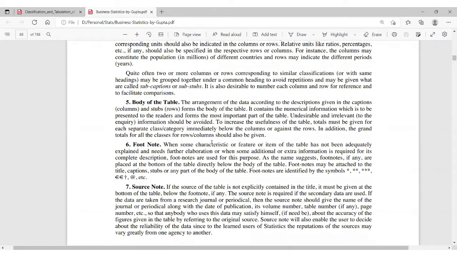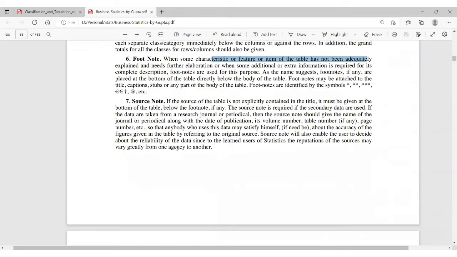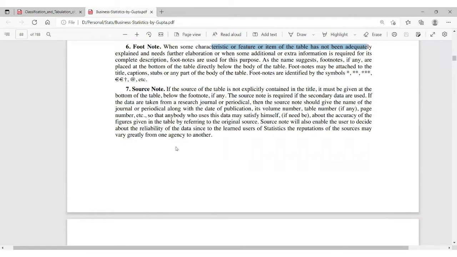A footnote explains some characteristic feature of the items in the table which are not adequately explained. So we make asterisk marks and write down the explanation. That is called a footnote. That is the explanation for that particular category. Then the source note: what is the source of collecting the data?